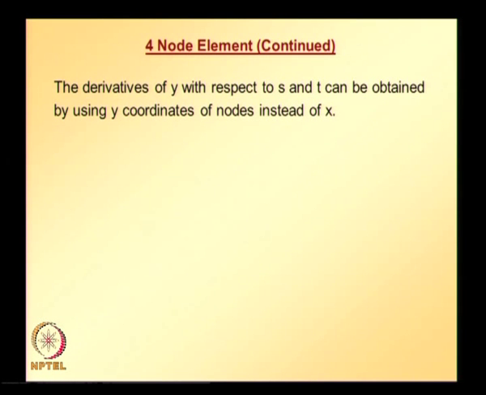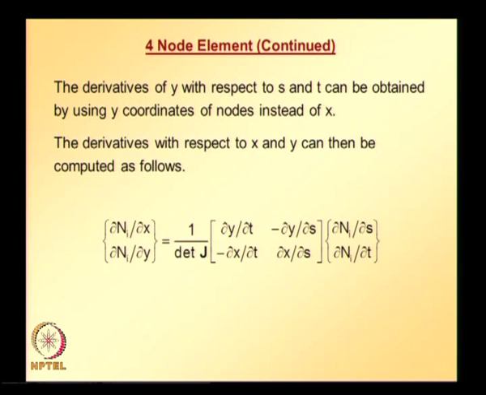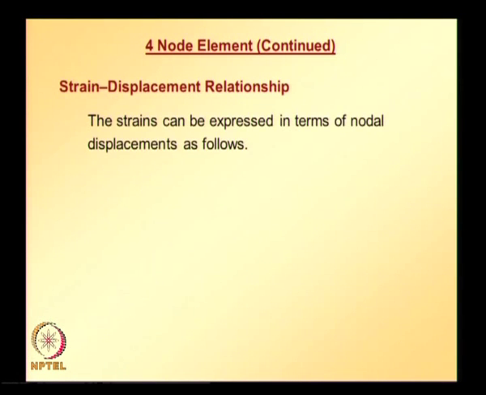And now we also need to know how the shape function derivatives in the actual element coordinate system are related to the parent element coordinate system, which is given by this one. Derivatives with respect to x and y can be computed as follows, for which we need to calculate the determinant of the Jacobian. Once we have all this information, we can easily write the strain displacement relationship. Strains can be expressed in terms of nodal displacements.